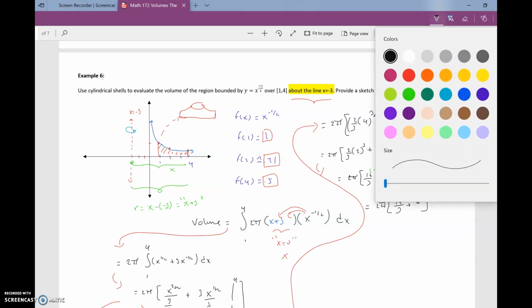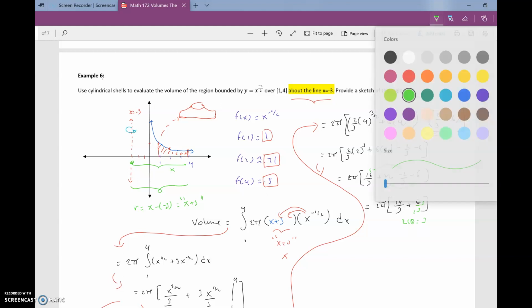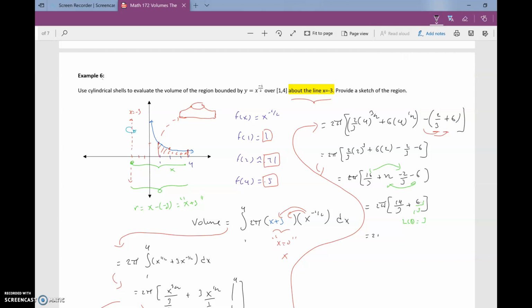And then we definitely need an LCD. So LCD is equal to 3, so multiply times 3 and times 3. So we end up with 2 pi times 14/3 plus 18/3. So this will be 2 pi times 32/3, which is going to be 64 pi over 3.